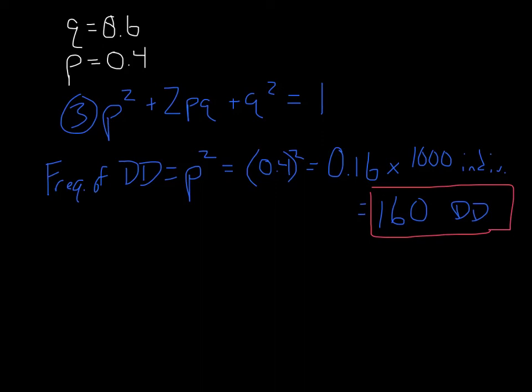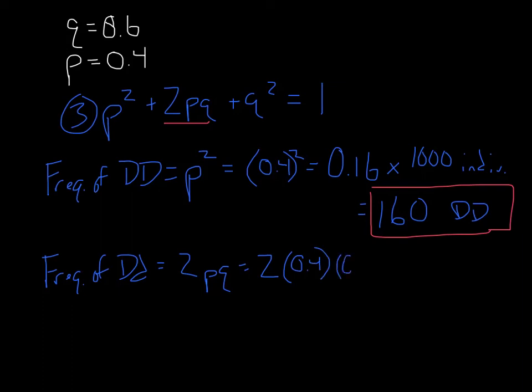The second thing they ask us for is how many people are heterozygous. So heterozygous is the second part of this formula. So that is equal to 2pq. Again, we know p and we know q, so we plug in p is 0.4 and q is 0.6.